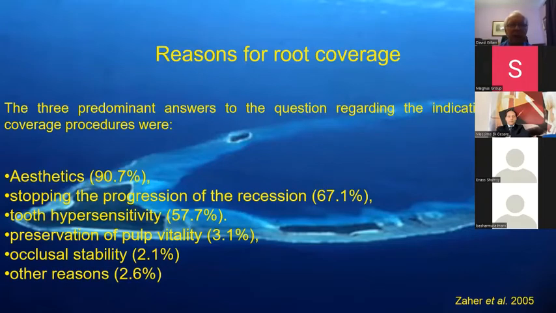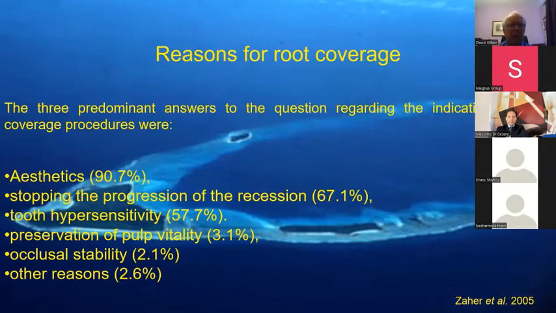In this study, 2005, our group in London used the questionnaire, and also we used it in other parts of the world, Greece in particular, and I think in Kuwait.